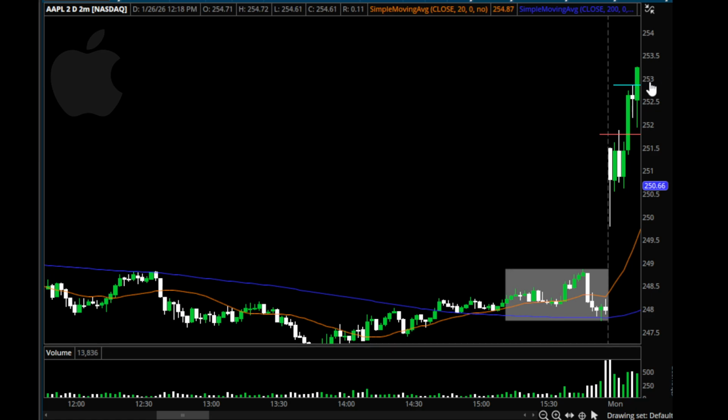We only buy this when price is coming from a narrow state in the SMAs. You see how the 20's close to the 200 right here? Boom, boom, boom. Moves happen whenever the 20 and the 200 are tight. Whenever they're narrow together, moves happen, right?